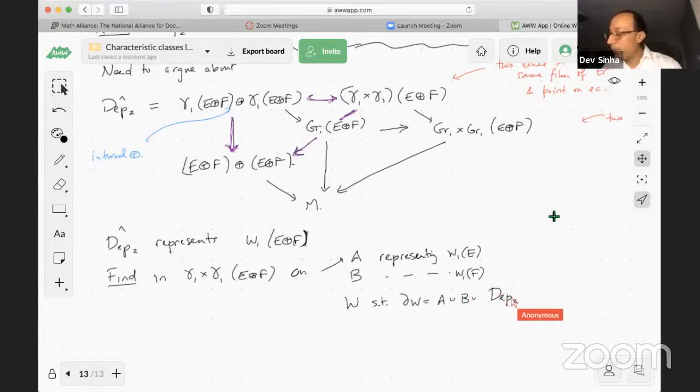And as before, the Stokes theorem kind of argument will then say that the co-boundary of tau W is going to witness this equality of Stiefel-Whitney classes, W1E plus W1F plus W1E plus F.